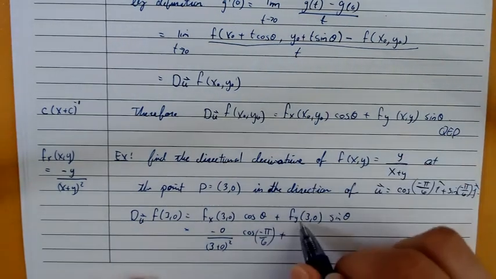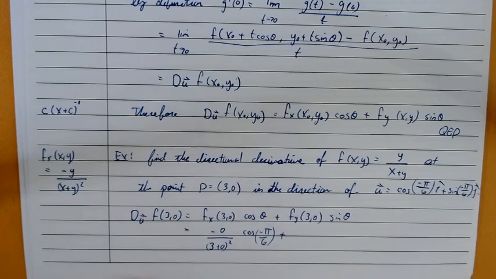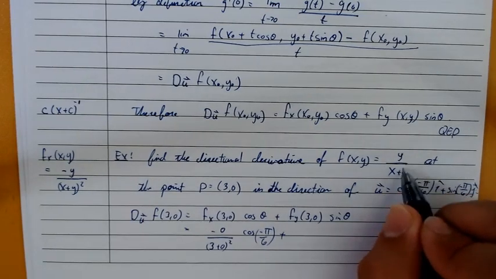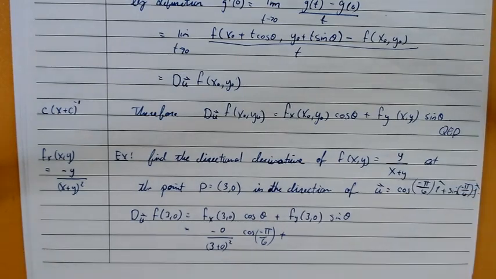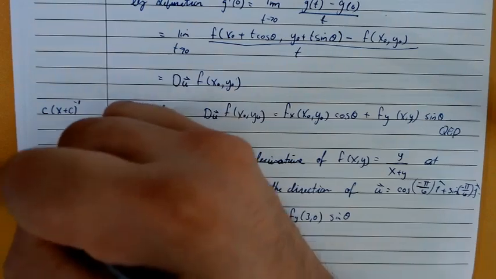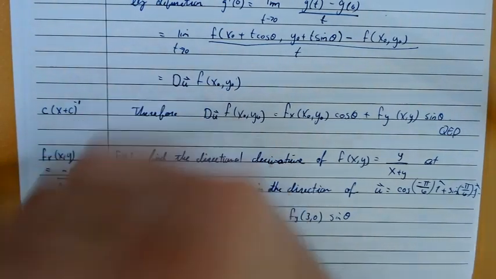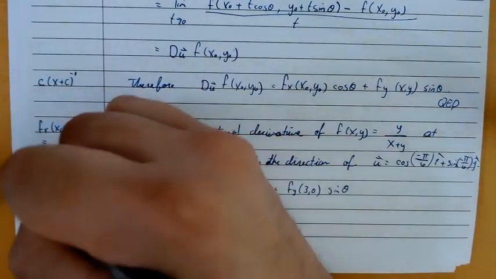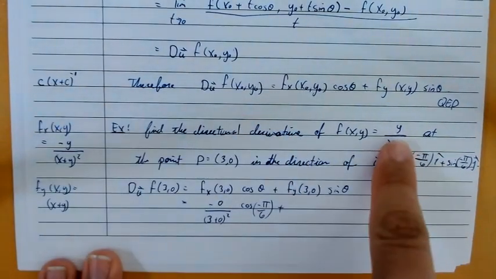Plus, and then over here we're going to take the derivative with respect to y. Okay, well, with respect to y, both the numerator and the denominator have a variable. X is a constant. So to find f sub y at x comma y, we need to use the quotient rule. It's going to be the bottom times the derivative of the top.